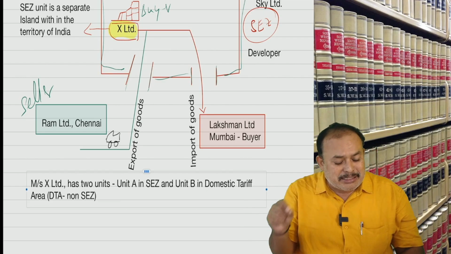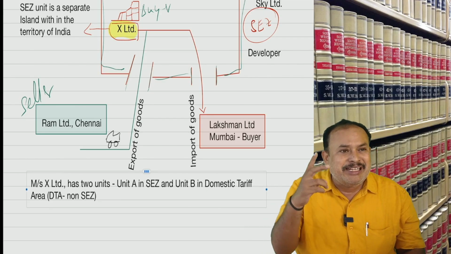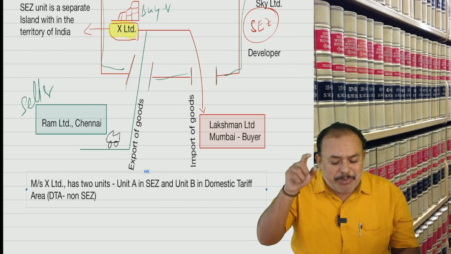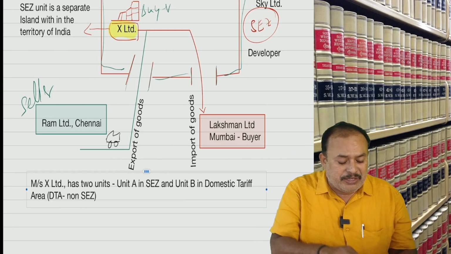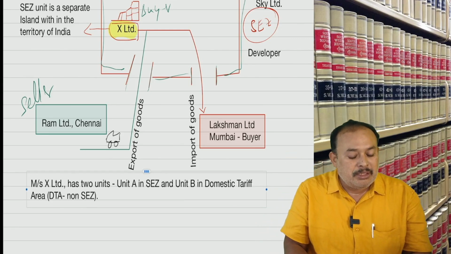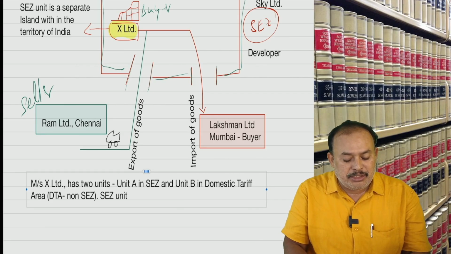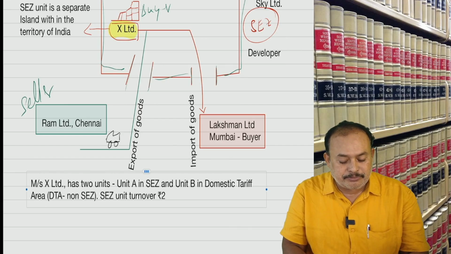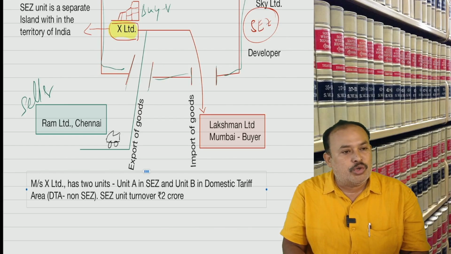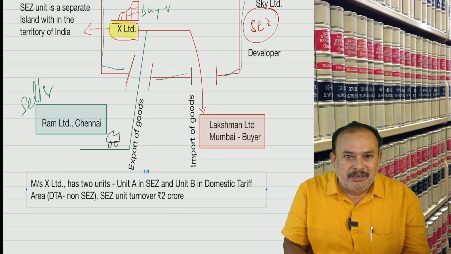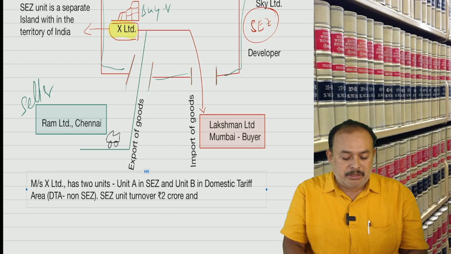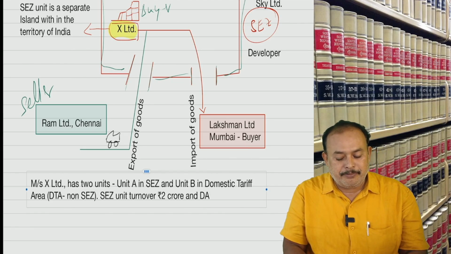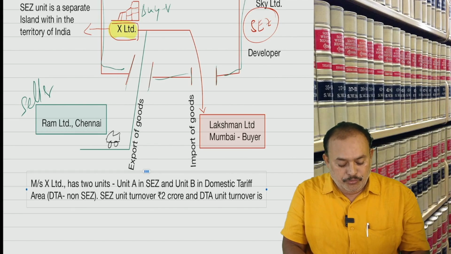Here, X Limited has 2 units, unit A in SEZ and unit B in domestic tariff area. SEZ unit turnover, let us say 2 crore. Is it clear? And DTA unit turnover is 4 crore.